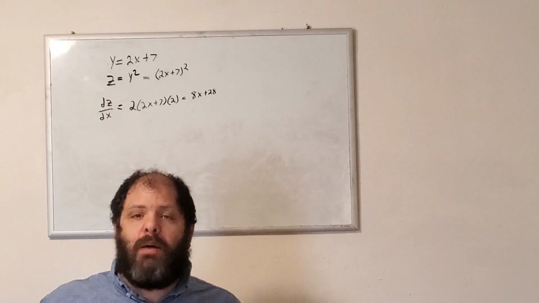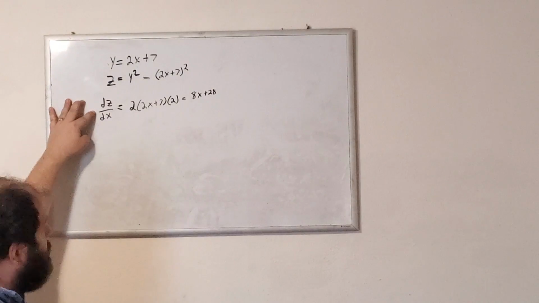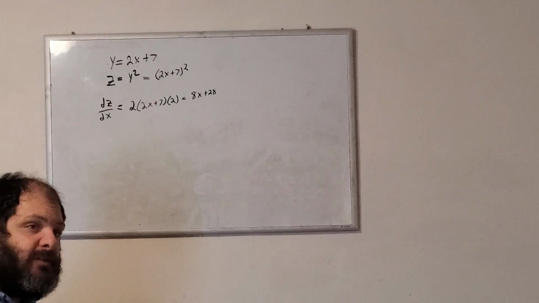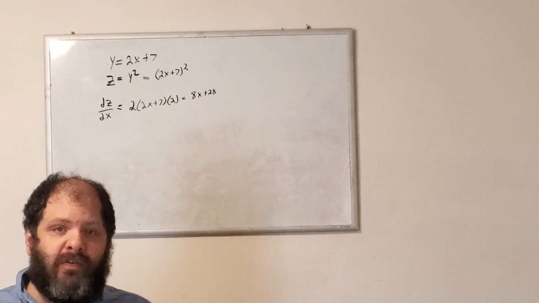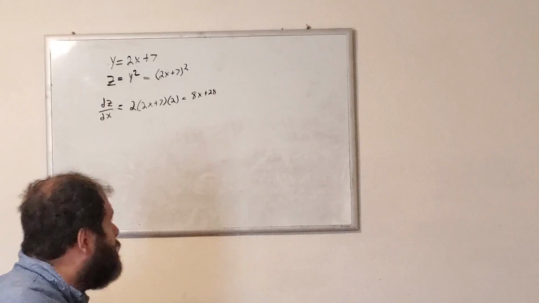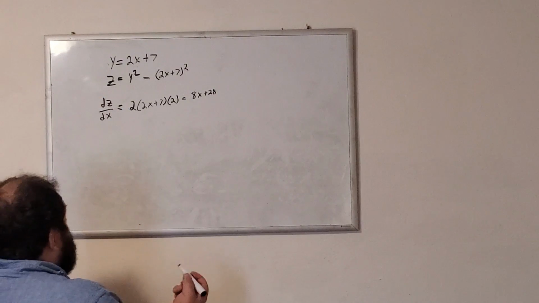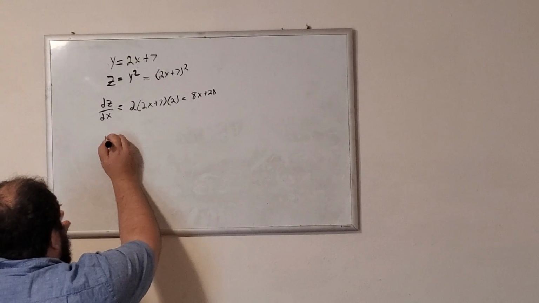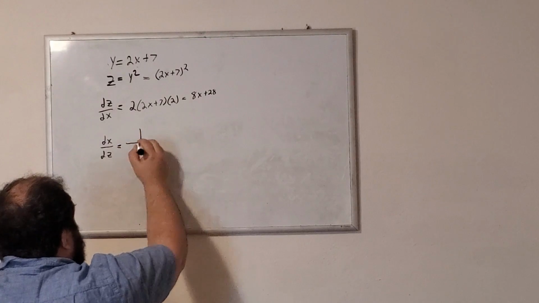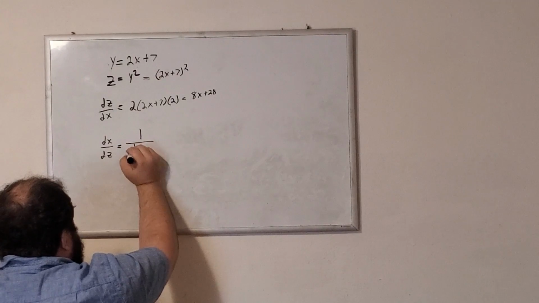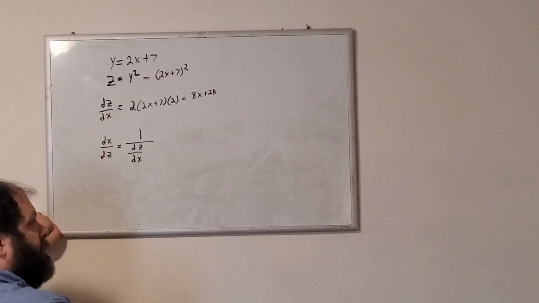But one of the nice things about the first derivative is that, as we see, it's written as a fraction here, dz divided by dx. For first derivatives, and this doesn't work with higher order derivatives or with partial derivatives, we can actually treat it the same way we would a fraction. And so we can say dx by dz is equal to 1 divided by dz by dx.